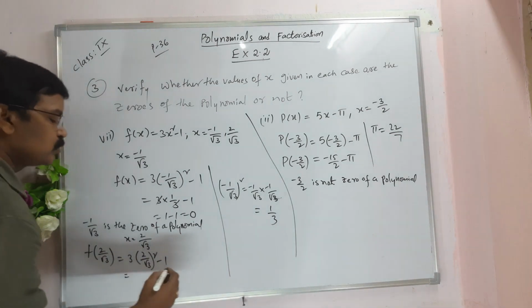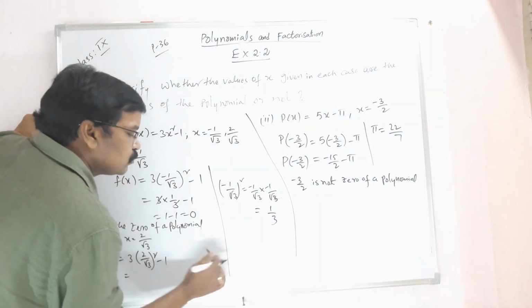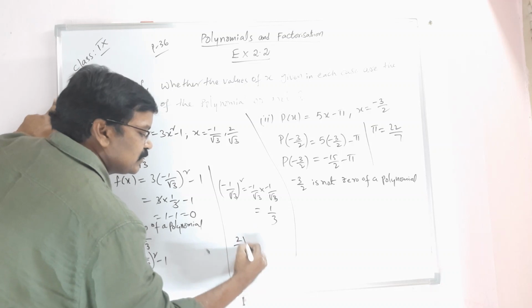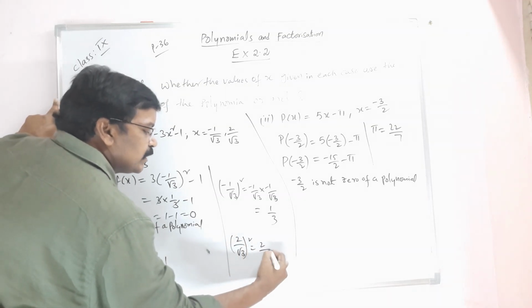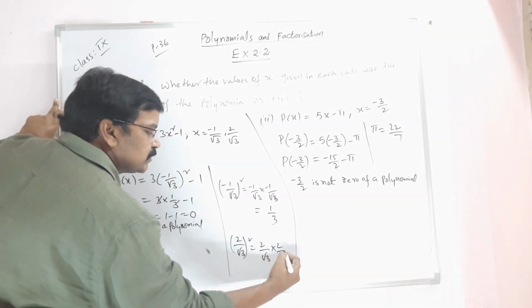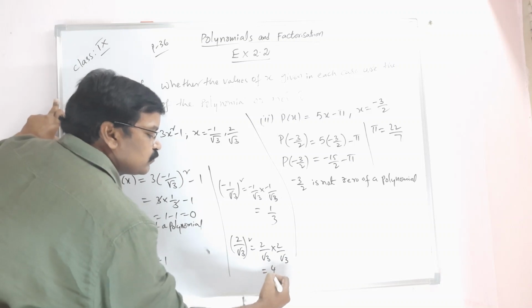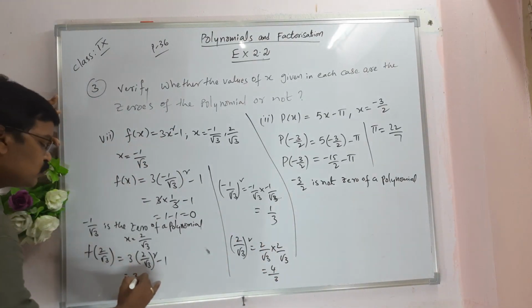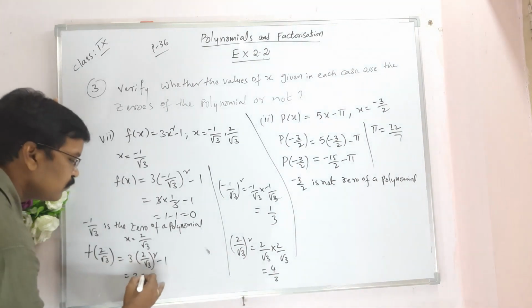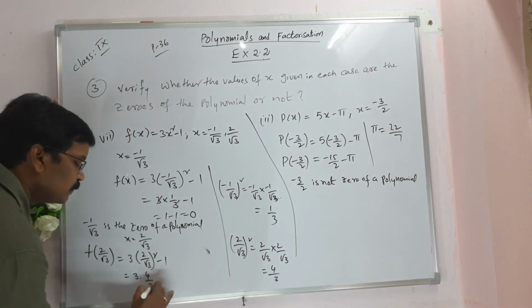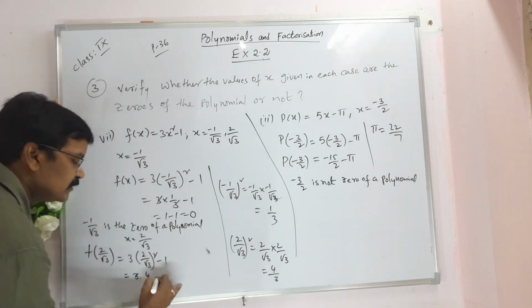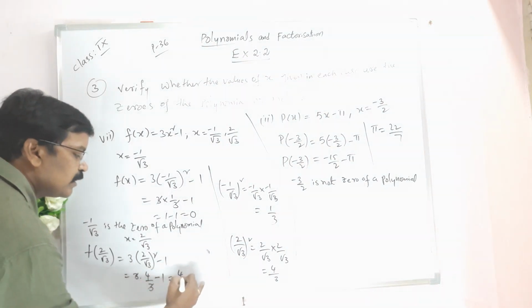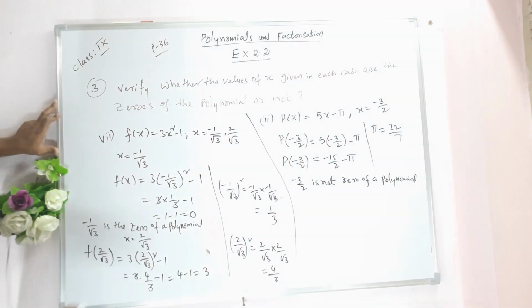So 2 by root 3 whole square means, this is the rough side, 2 by root 3 into 2 by root 3. 2 into 2 is 4, root 3 into root 3 is 3. So this value is 4 by 3. The 3 gets cancelled, minus 1. So 4 minus 1 is equal to 3.